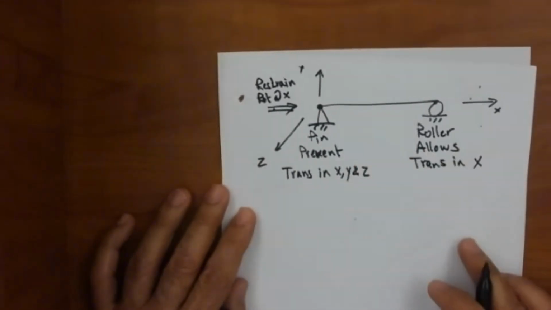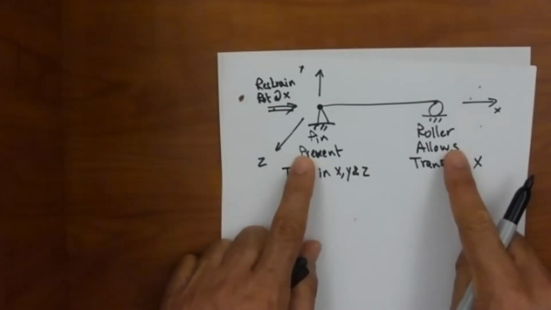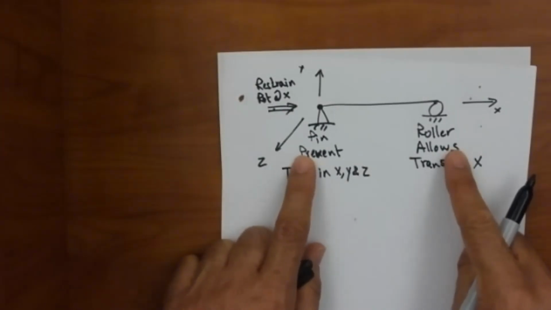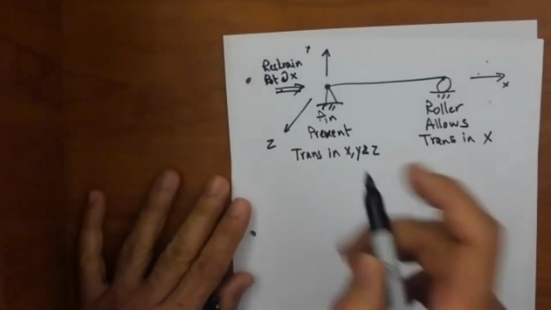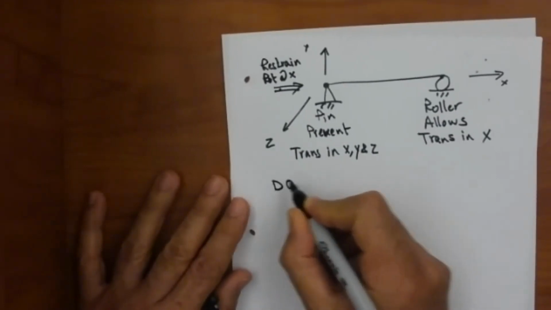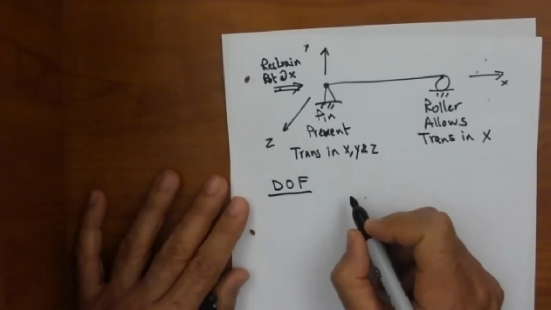And as I mentioned, here I mentioned prevents and I mentioned allows. But really, how many degrees of freedom do we have for a node of a beam element? I heard something good here. 6, right?